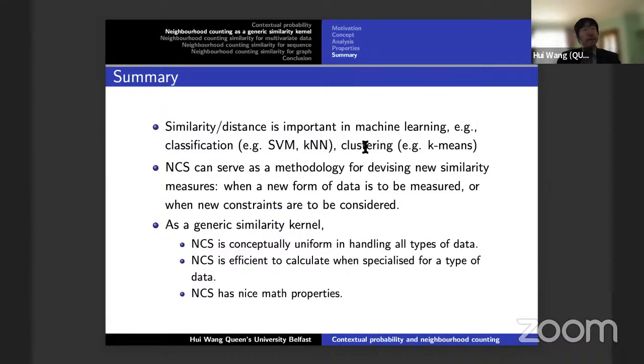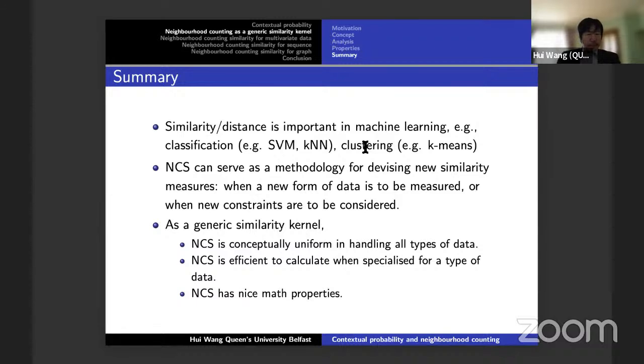If you want to devise a new similarity for a new form of data, or incorporate a new constraint into your existing type of data, you can use the NCS as a methodology. You can start with NCS, define your neighborhood, and then you end up with a new similarity measure.